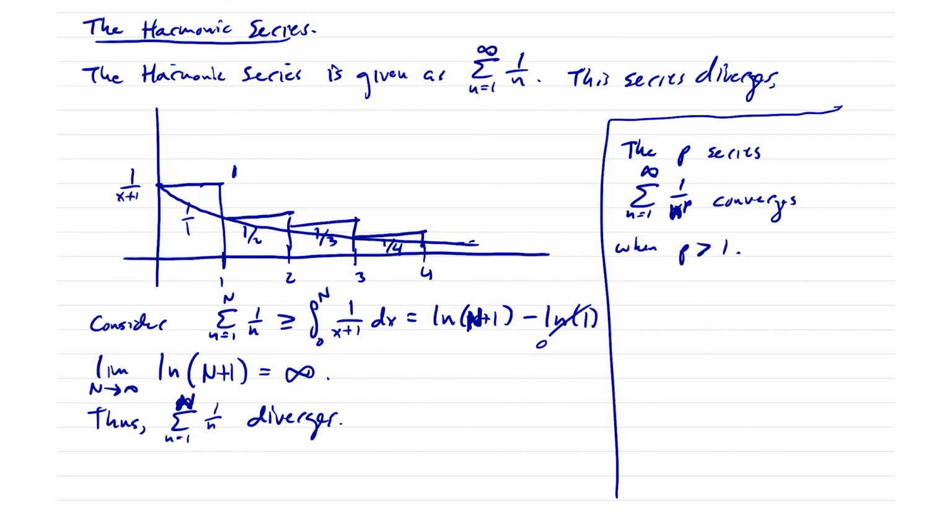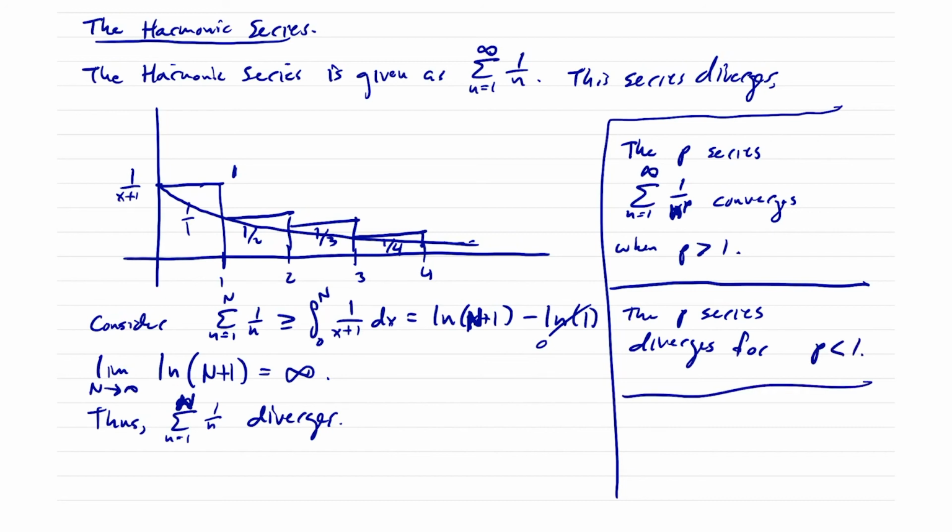And this can be proved, again, using comparison tests with series, so same sort of deal. It diverges, the p series diverges for p less than 1. And this is a fun bit of analysis.